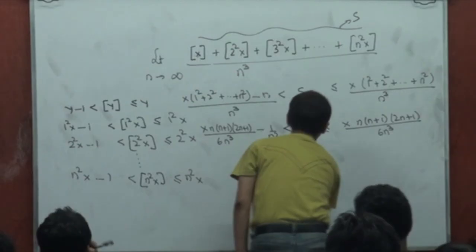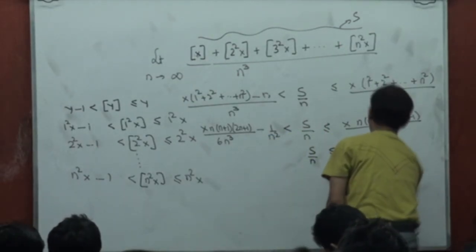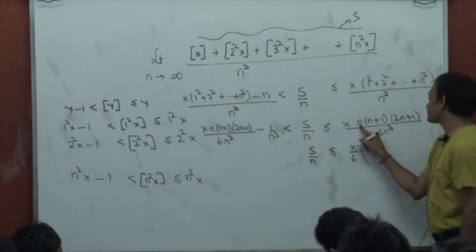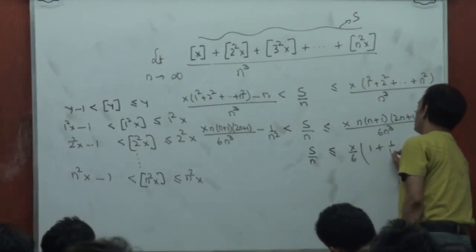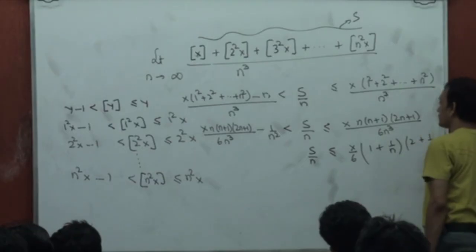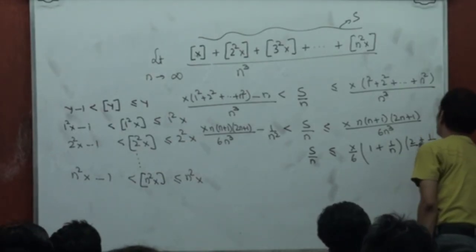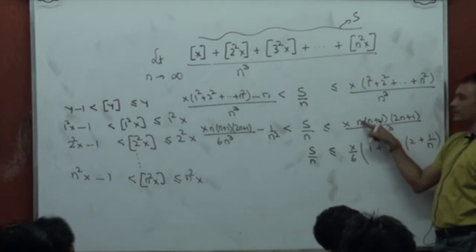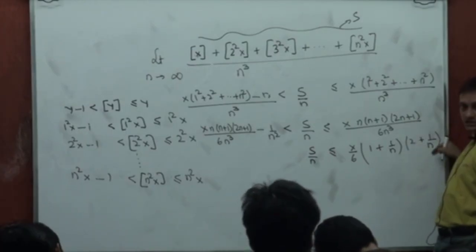So S by n cubed is less than or equal to x by 6 into n cubed spread over n, n plus 1 and 2n plus 1. There are 3 n's. One n gets cancelled with the n cubed, so it becomes n squared, and then 1 plus 1 by n, and 2 plus 1 by n with the third term.